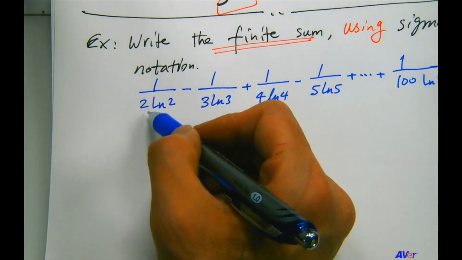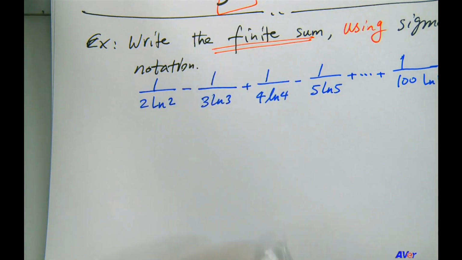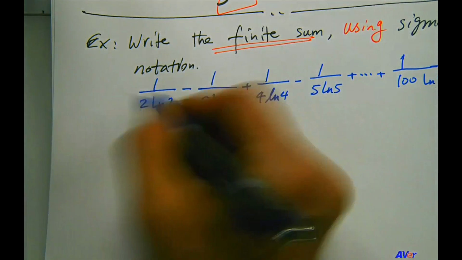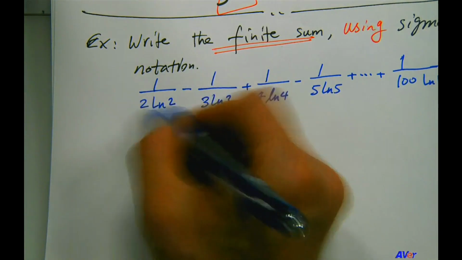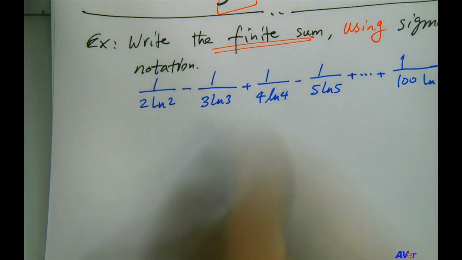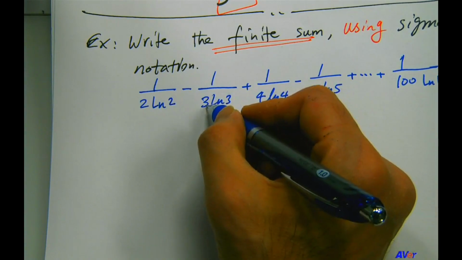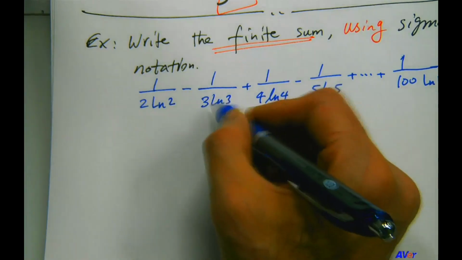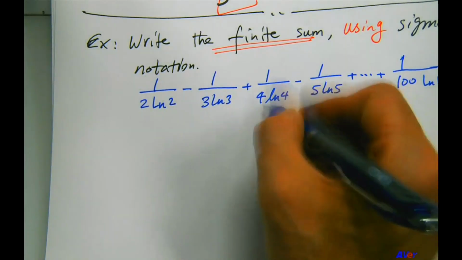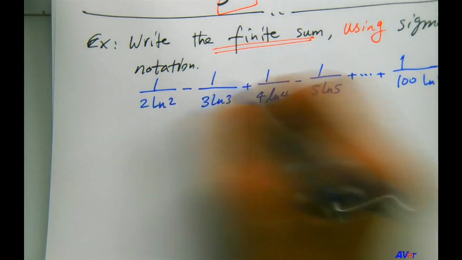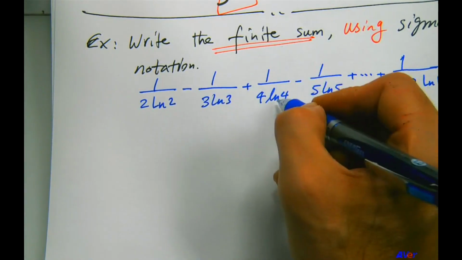So whatever the location, let's call it K because your book calls it K. You can call it anything, N if you prefer. This is the second location, and these numbers are 1 plus 2. This is the third number in the partial sum, but these numbers are K plus 1.